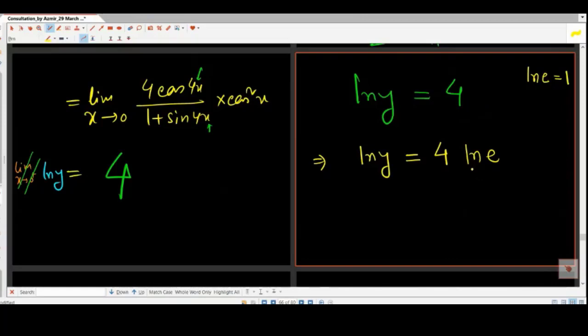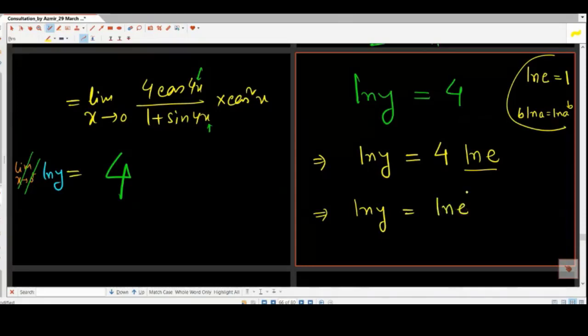So that's why we can take natural log of e. So this is the process of converting natural log of y to y only. Now you know that if we have b natural log of a, then we can write natural log of a to the power b. So in the next step, we can write natural log of e to the power 4.